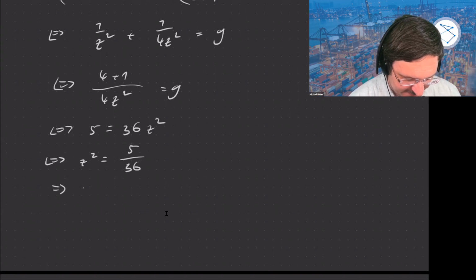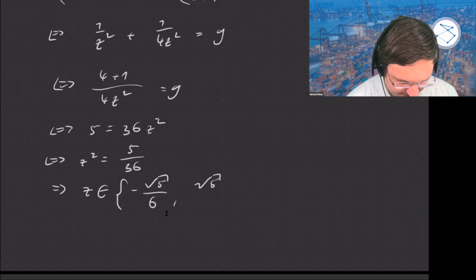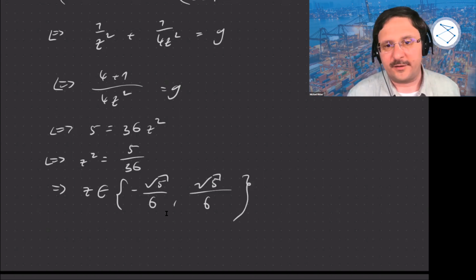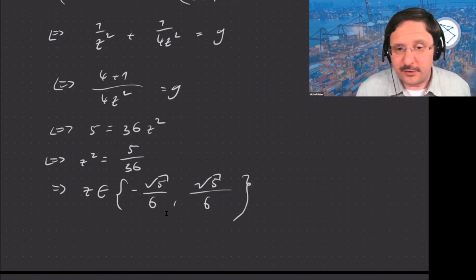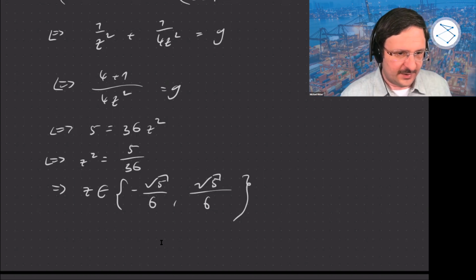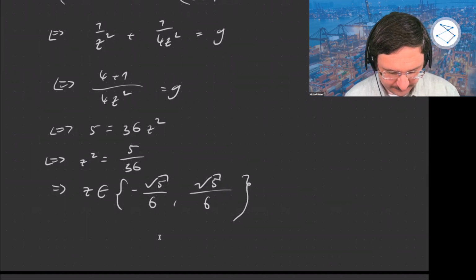And that means c is either minus square root of 5 over 6 or plus square root of 5 over 6. Okay, so those are the two possible solutions for c. Both are non-zero, so both fit our case. And that means we get 2 possible candidate points.